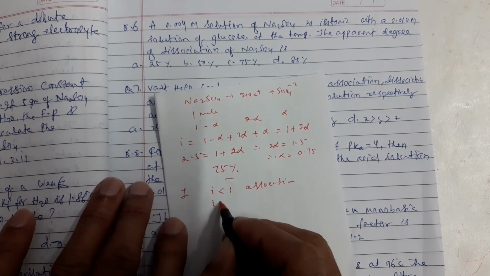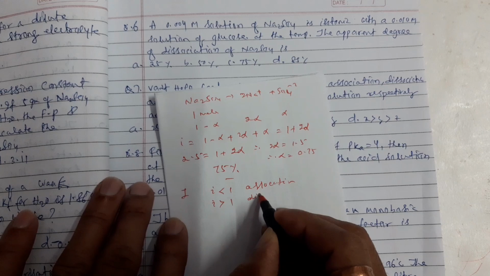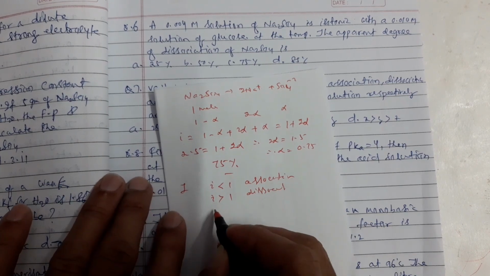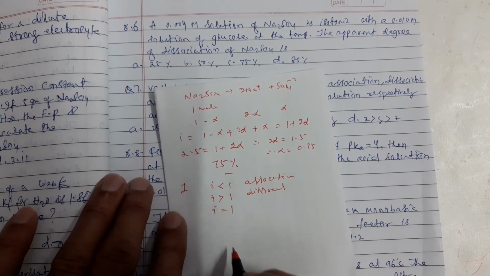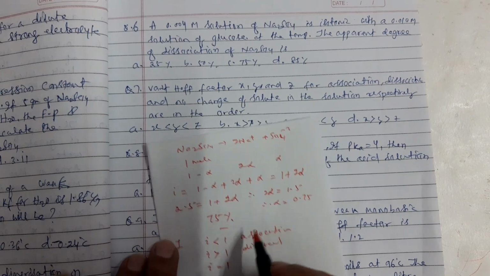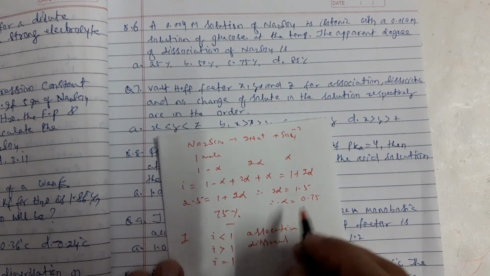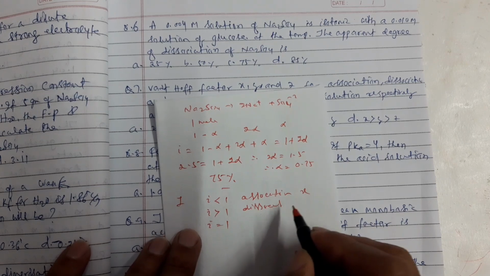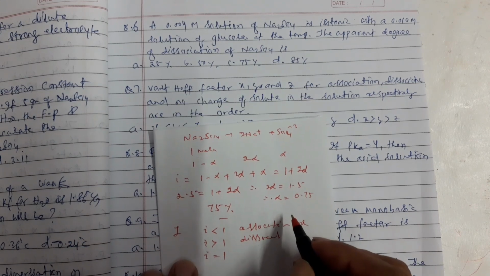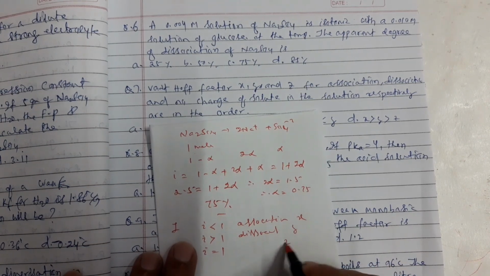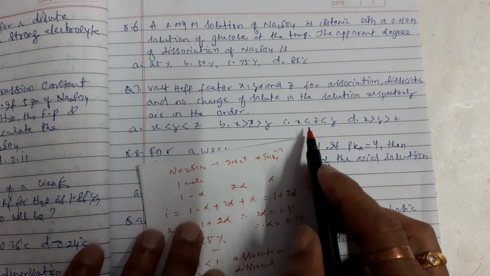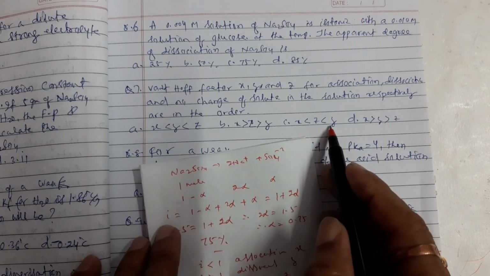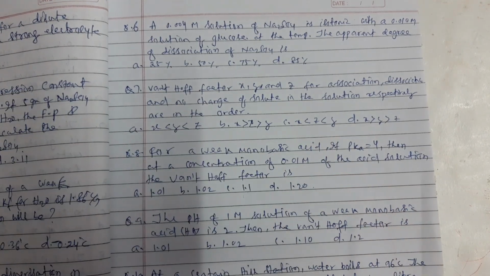For dissociation, it is greater than 1. For no change, it is equal to 1. So X is for association, Y is dissociation, and Z is no change. So the order is C, X less than Z less than Y. Okay.